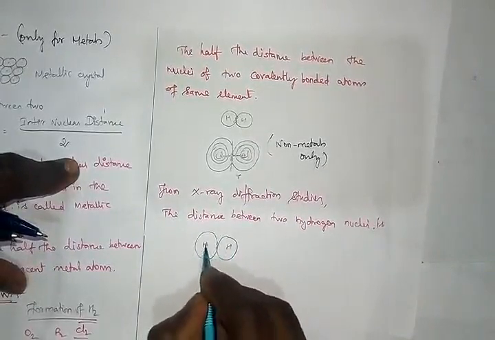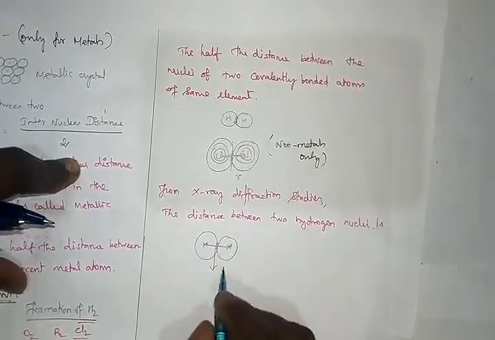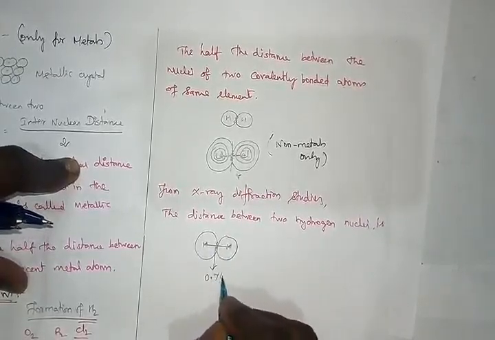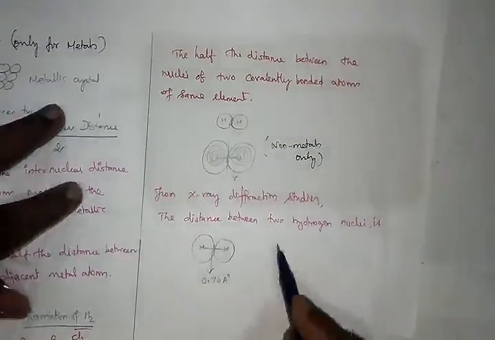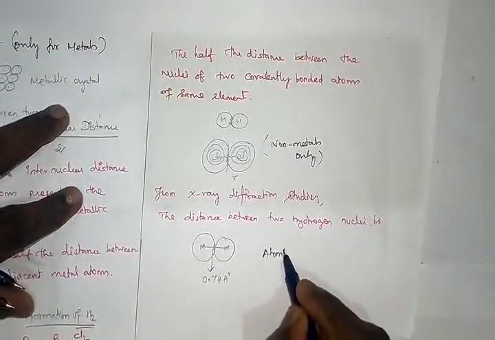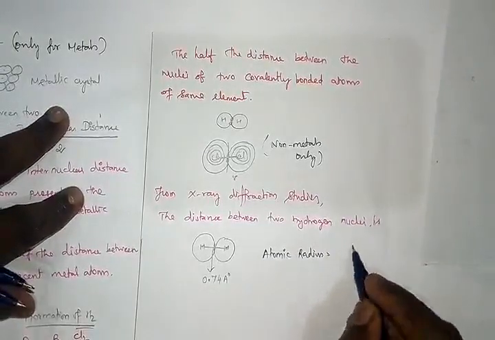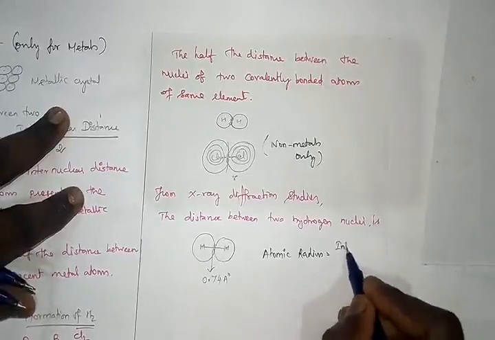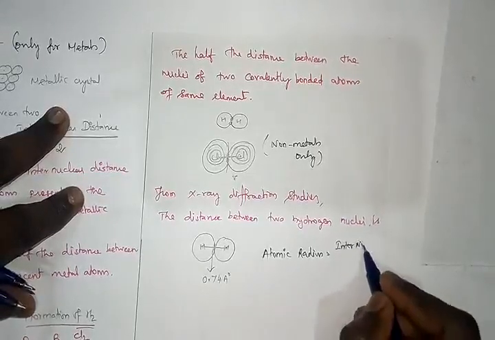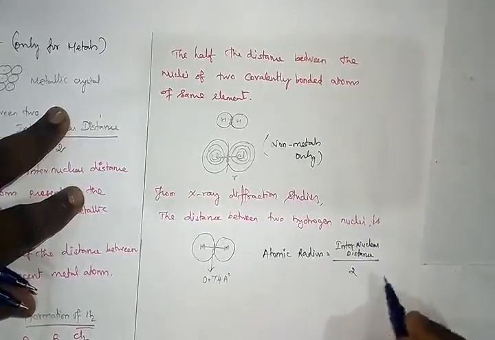So this internuclear distance, what they're given is 0.74 Angstrom. So can you calculate the atomic radius? Yes, atomic radius is nothing but internuclear distance divided by 2.